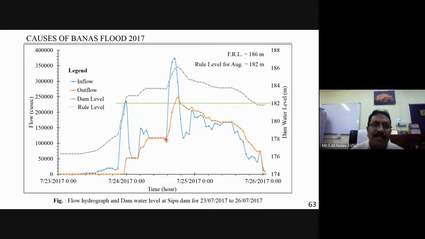Because of the semi-arid region, there is always a scarcity of water, and therefore the authority always wants to save water or fill the dam immediately after the first rainfall. They don't even want to wait for the monsoon season to complete.